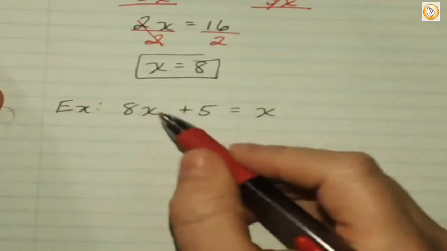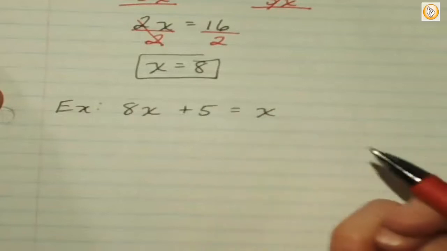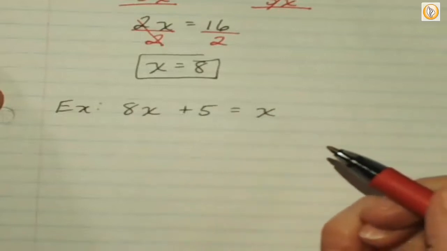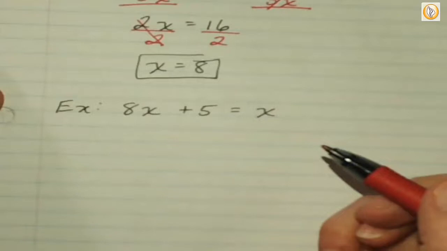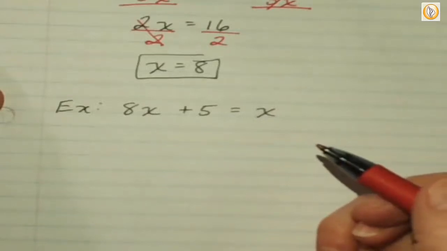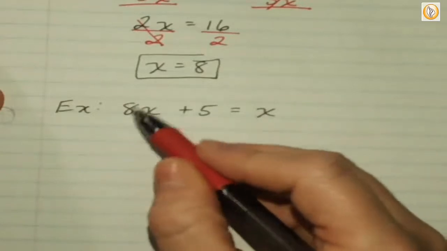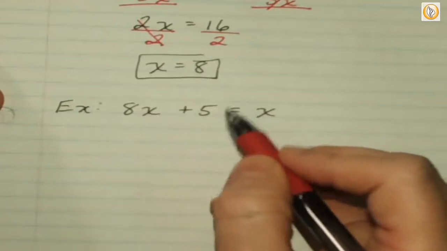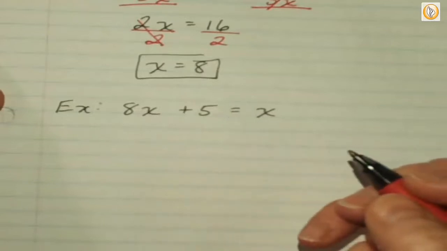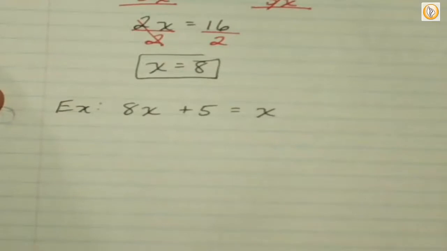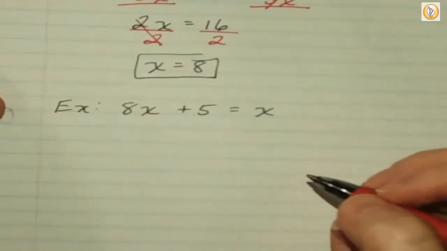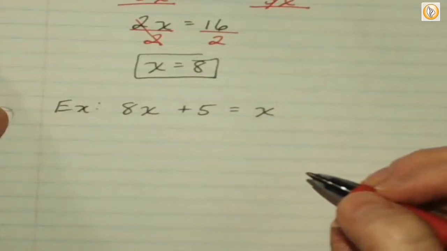Well, 8 is already over here on this side of the equal sign. So if I have x on this side of the equal sign, there's two things actually you could do here. What else could I move?